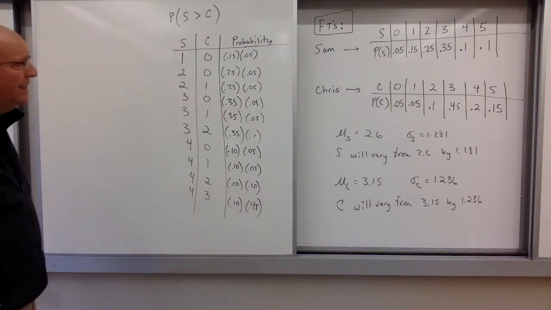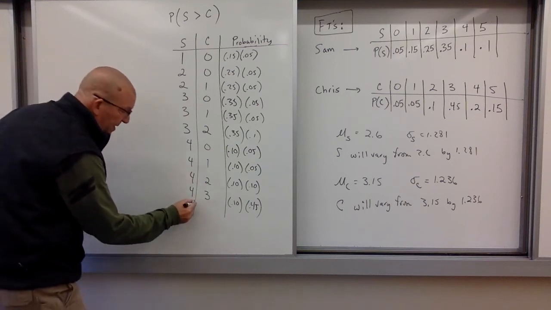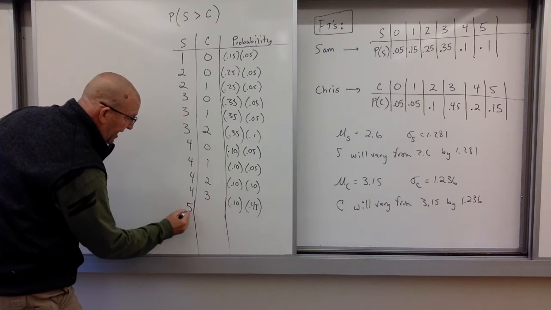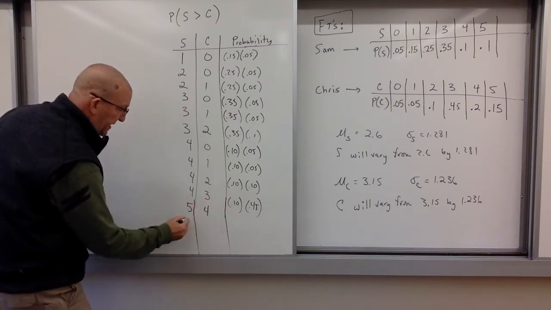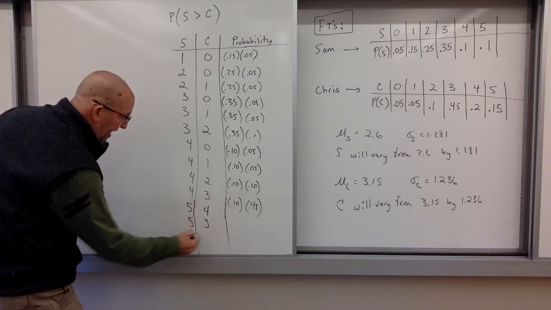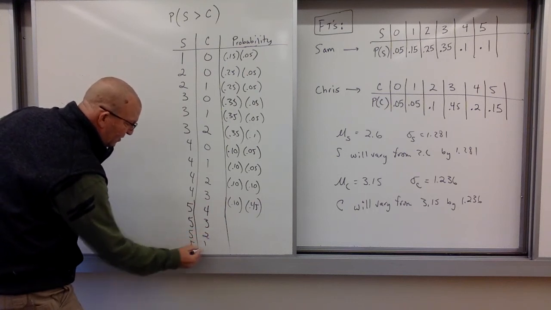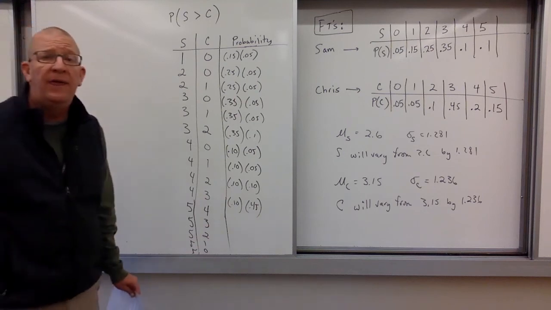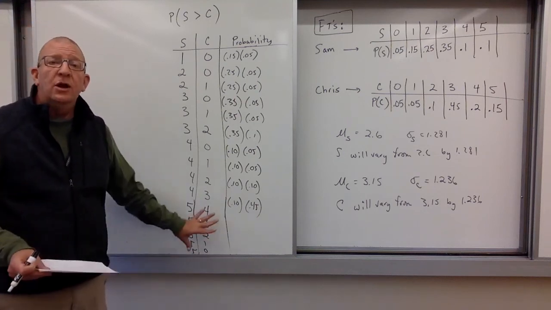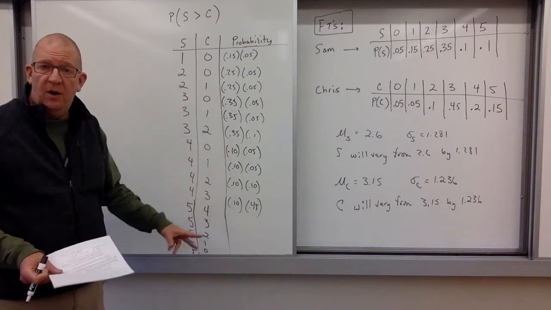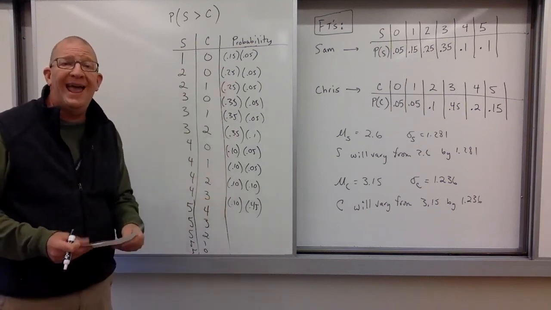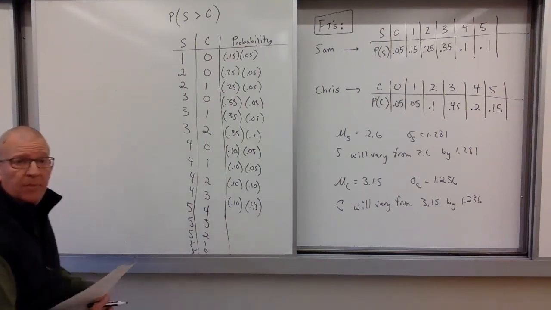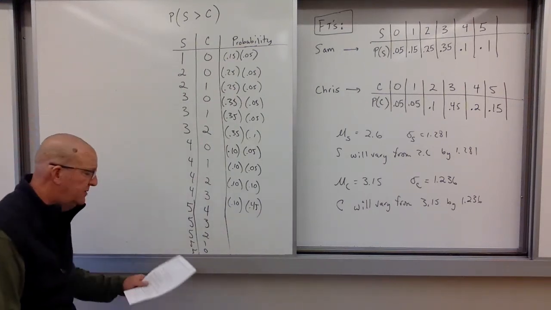And then finally, in the highly unlikely outcome that Sam makes all 5: 5 to 4, 5 to 3, 5 to 2, 5 to 1, and then squeeze it down here at the bottom, 5 to 0. I encourage you, when I'm done with this, to pause it, multiply all of these out, and add them up with your calculator. You'll get the total probability, and that's going to be the answer to the question.